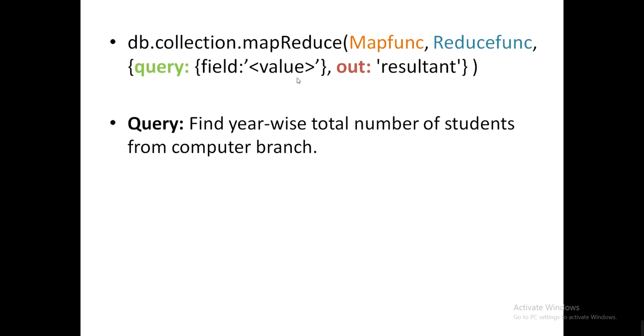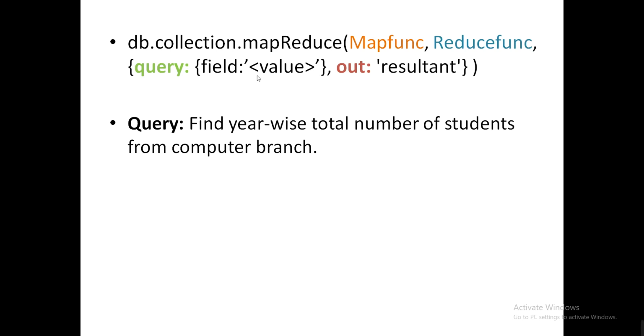For example, if I have a students collection and I have to perform the MapReduce operation on the computer branch students only, there I will specify the field's name, that means branch, and the name of the actual branch, that is computer engineering.